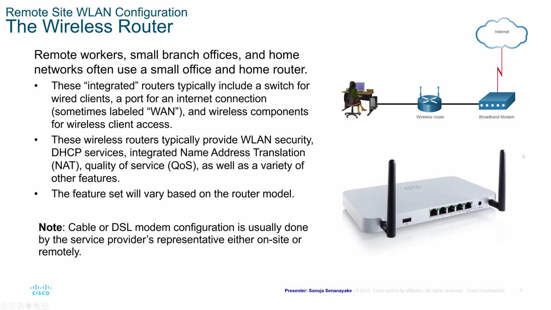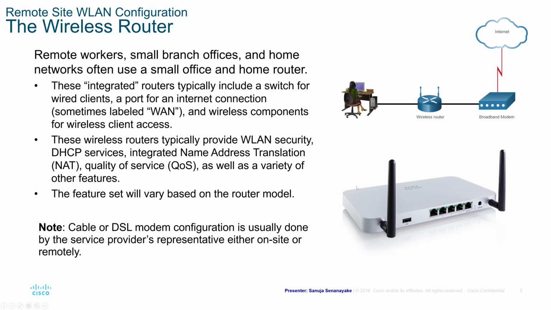On the right hand side, we have a diagram provided to us by Cisco. You have an end user that is connected through a wireless router to the broadband modem. And then the broadband modem is handling the internet connection between the internet and the local system. And here we have a picture of a Cisco wireless router modem combination.